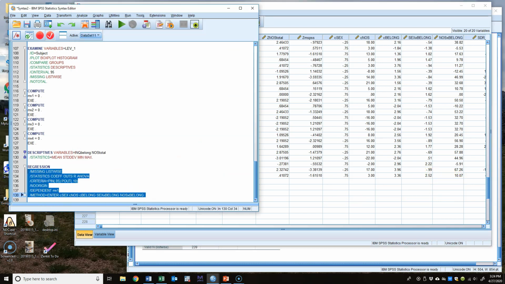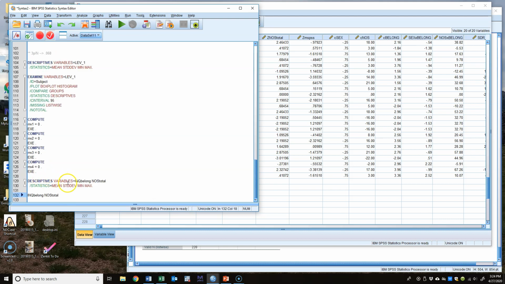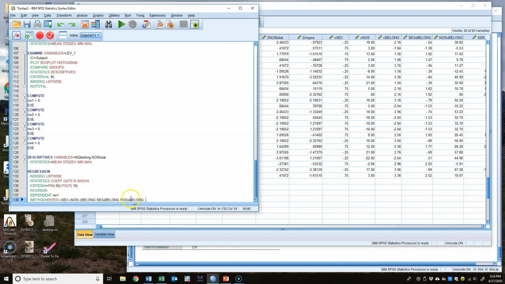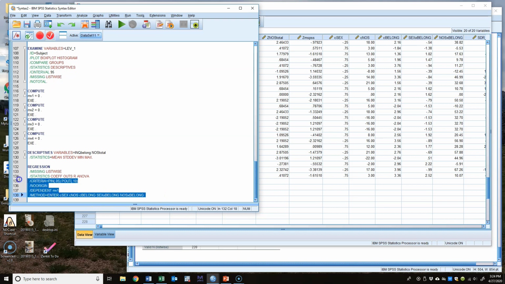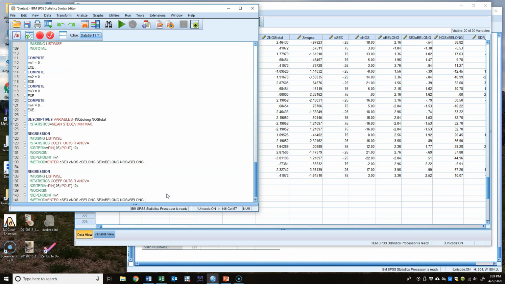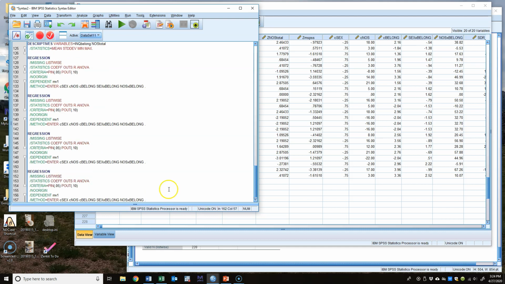But we also have 3 other cases that we identified as potentially strange. So I'm going to run 3 other regressions with MV2 as the output, then MV3, and MV4 as my outcome.